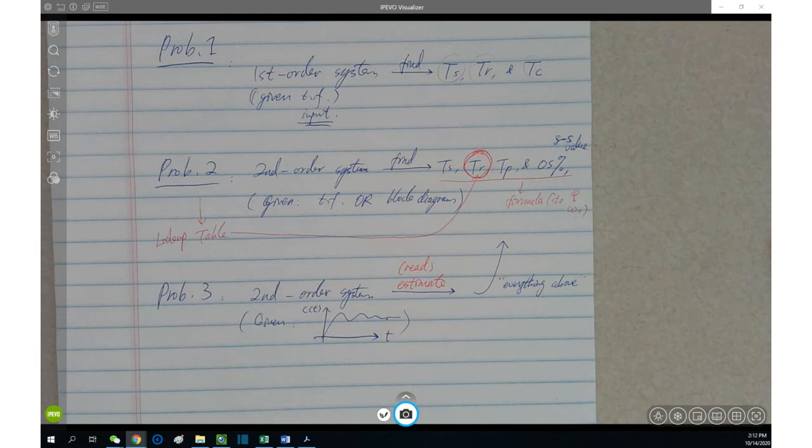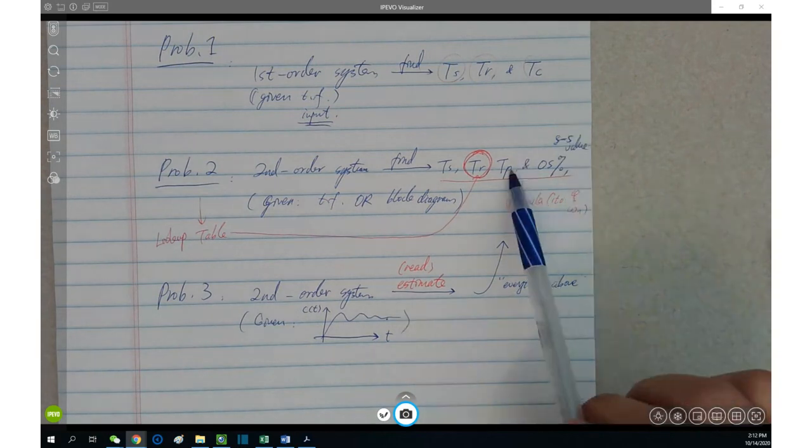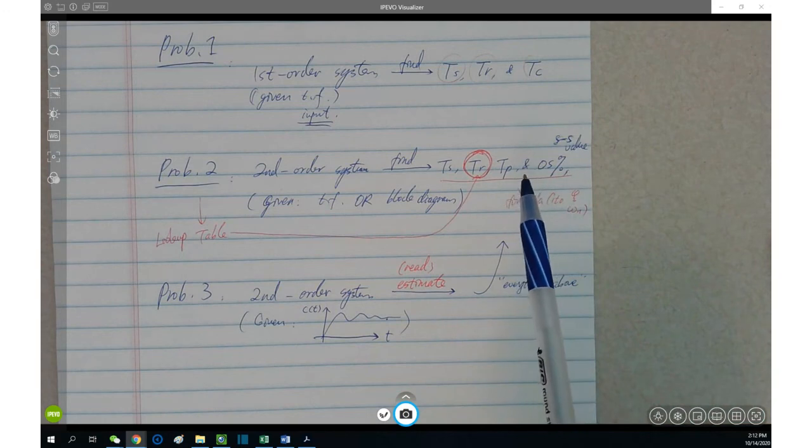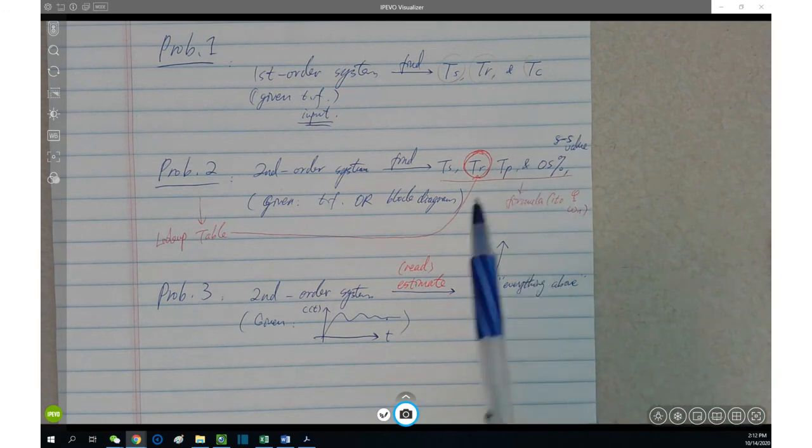You understand the definition, you understand the calculation formula, and then do you recognize them when you see them? That's what problem 3 is for.